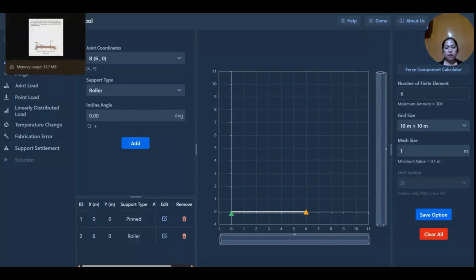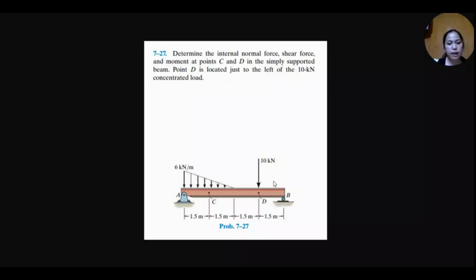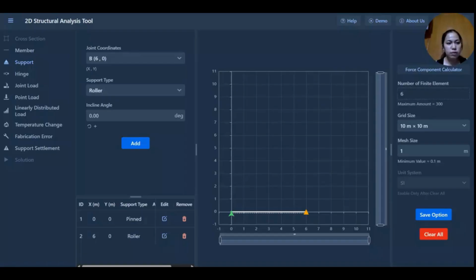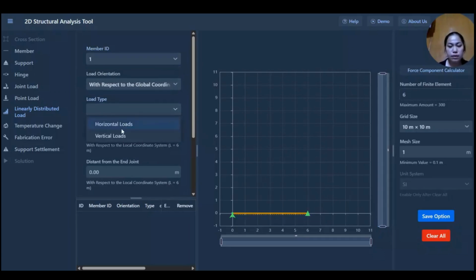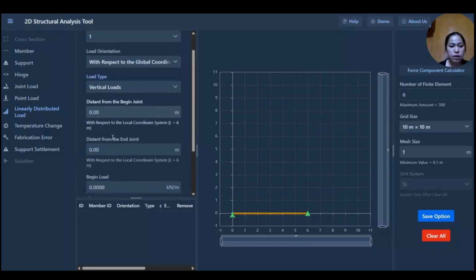So after we add our supports, we can start to add the loads. We also have two types of load: linear distribution load and point load. So we go back, and we can see the words linear distribution load here. This is our member. We click here, and our load type is vertical load, so we click vertical.